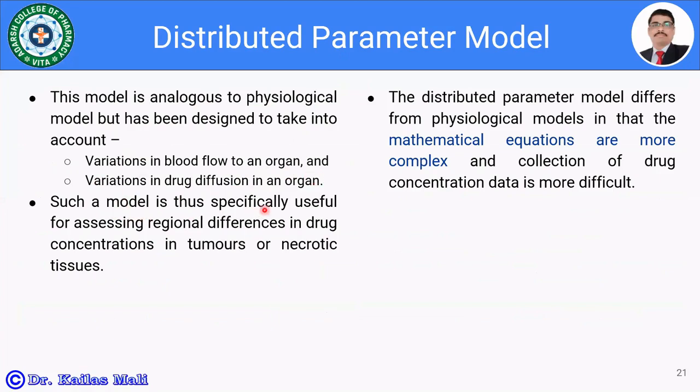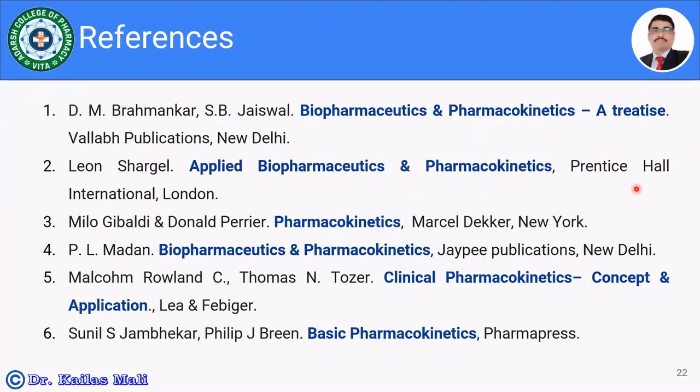Such a model is specifically useful for assessing regional differences in drug concentrations in tumors and necrotic tissue. The distributed parameter model differs from physiological models in that the mathematical equations are more complex and the collection of drug concentration data is more difficult than in the physiologically based model. So this is about the distributed parameter model.